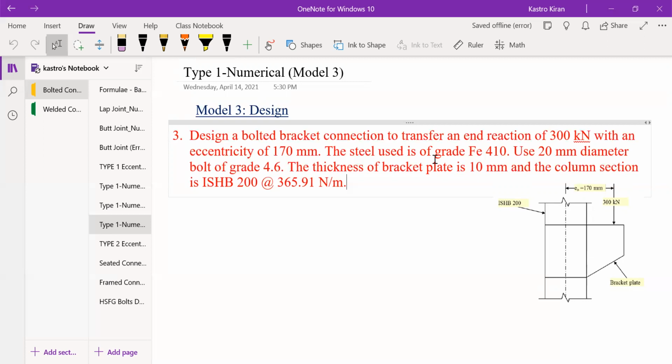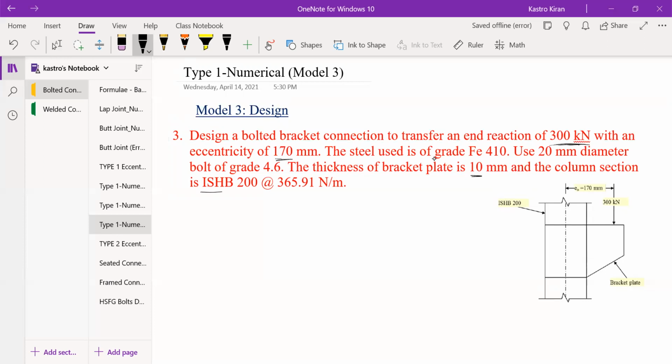So this is the data that is provided in the question. You have to design a bolted bracket connection that has to transfer an end reaction of 300 kilonewtons, and this 300 kilonewtons is acting at an eccentricity of 170 mm. The thickness of the bracket plate is 10 mm and the column section is ISHP 200.